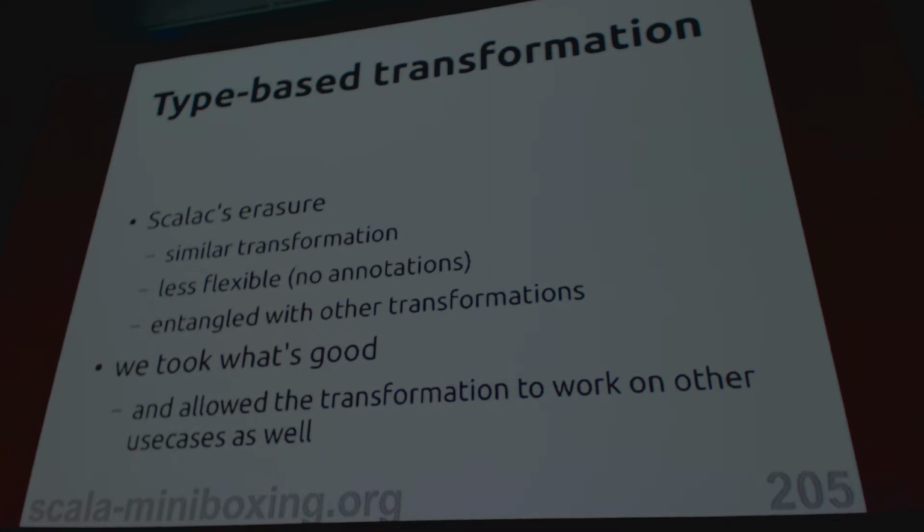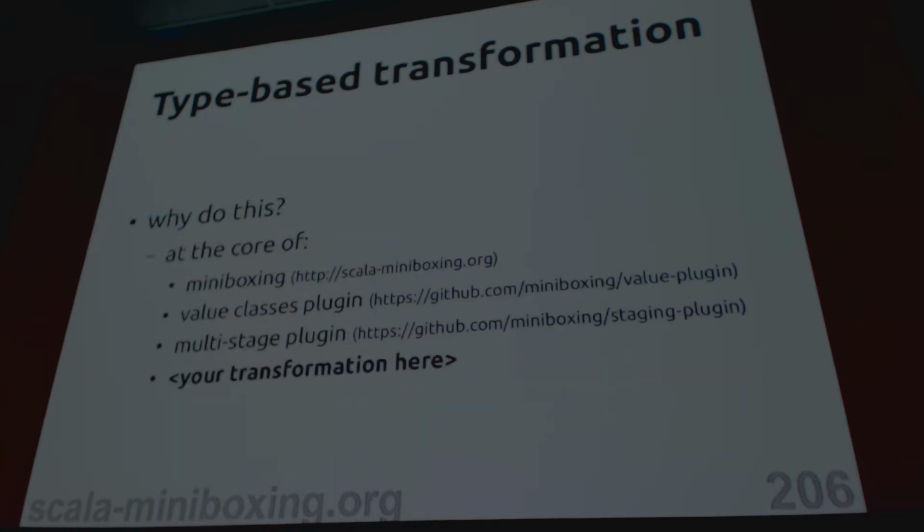So what we did was take this transformation, which was already there, make it more general, and thus allow it to be used for more use cases. So why do this? Well, it was useful for miniboxing in the first place. That was my number one concern.